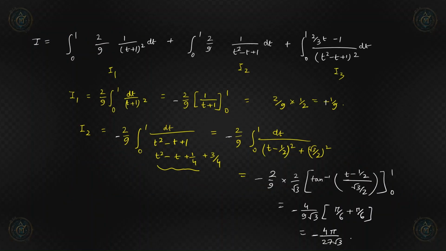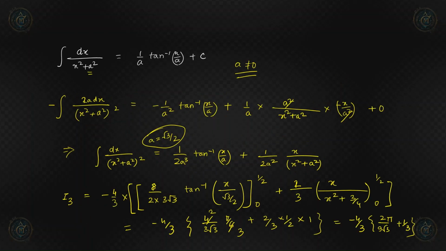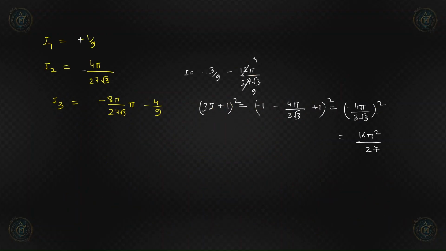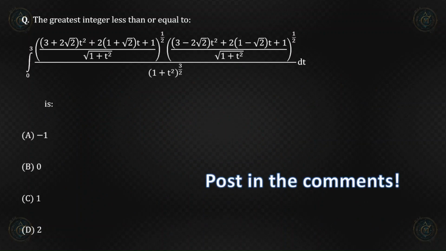Then we have these integrals here. This is a standard integral and this is again a standard integral, but this integral was a bit off standard. So we had to think about this approach, differentiation under the integral sign, and then we arrived at our final answer. Now this question you can try yourself and post the answer in the comments.